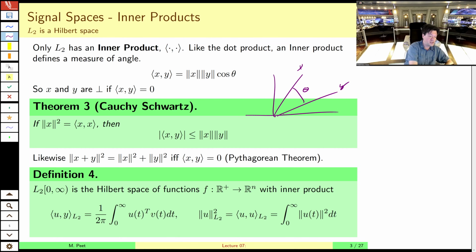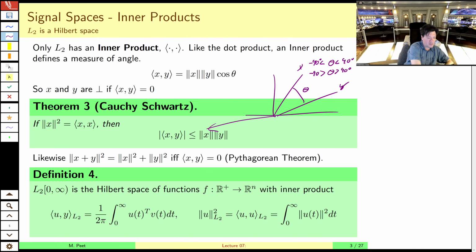And that measures, say, if theta is less than 90 degrees, x and y are more or less pointing in the same direction. And if theta is greater than 90 degrees, they're more or less pointing in opposite directions. And here I should say that greater than negative 90.